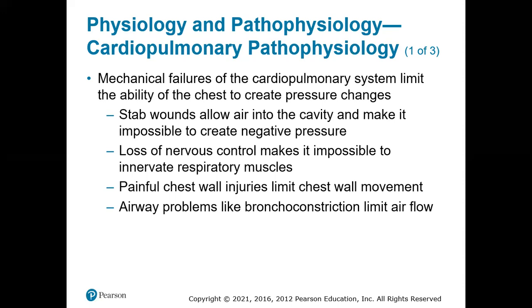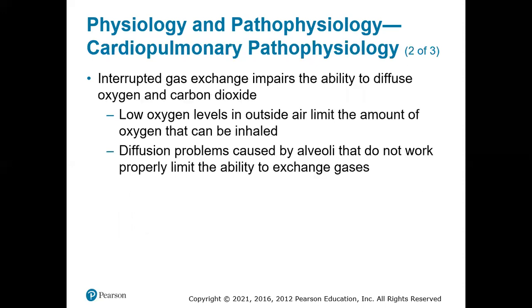Any airway problems, bronchoconstriction, asthma, COPD, any of those diseases, and allergic reactions that are going to limit airflow are a compromise. With interrupted gas exchange, your oxygen and carbon dioxide exchange is not going to be adequate. Then there's a low oxygen level, okay?